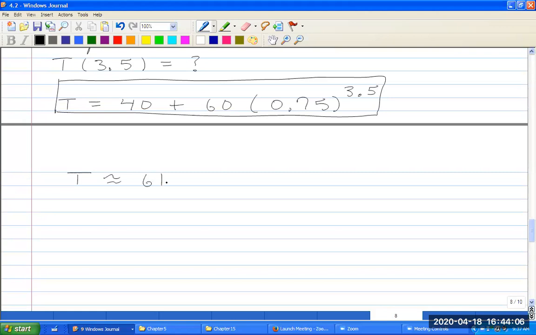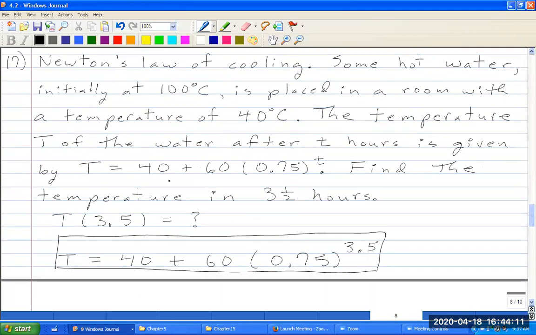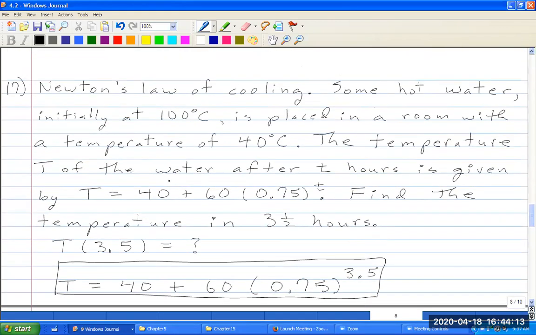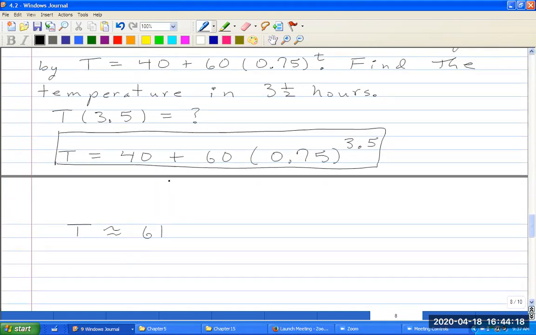About, and this is given in Celsius. So you start out with boiling water, and after 3.5 hours, it is still warm, 62 degrees. 61.9212903 degrees Celsius.